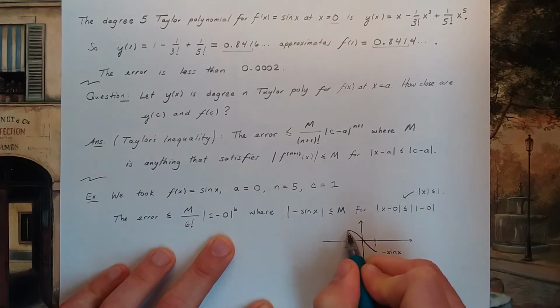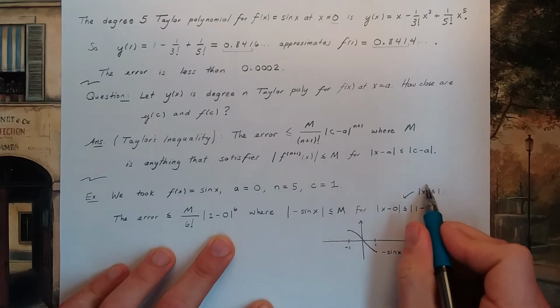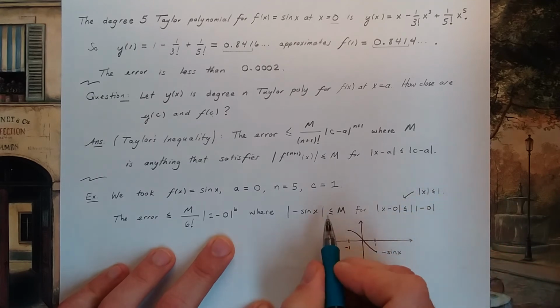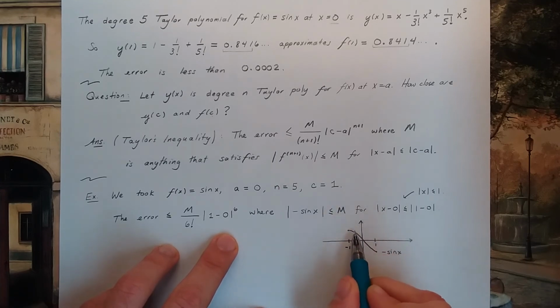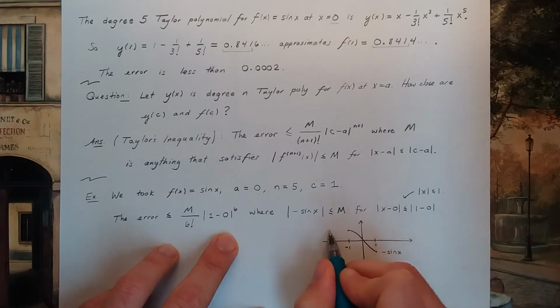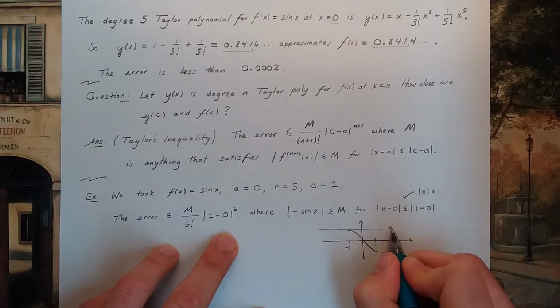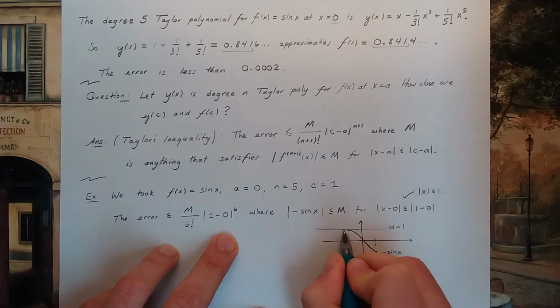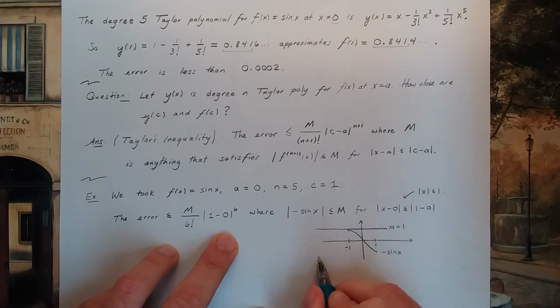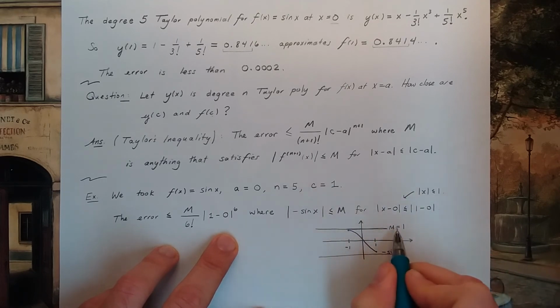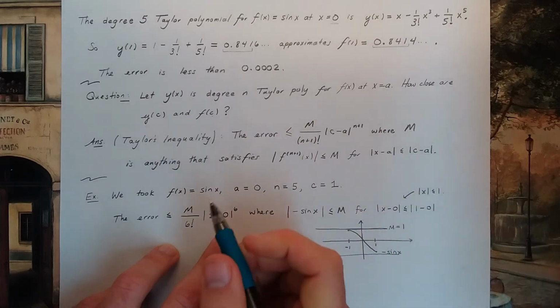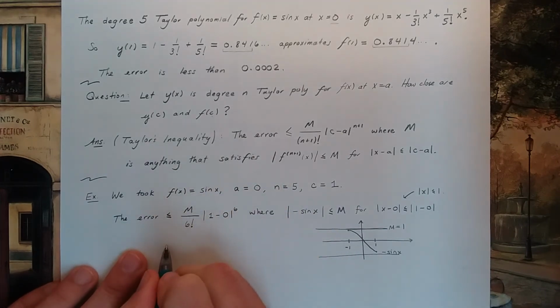These are the x values that satisfy this inequality. So all I have to do is pick a value of m that's always bigger than everything in my picture. So I'm going to take m to equal 1 in this case, because my whole picture, the graph of negative sine x, lands in between the values of 1 and negative 1. M is always higher than my picture. So over here, I'm going to put in m equals 1.